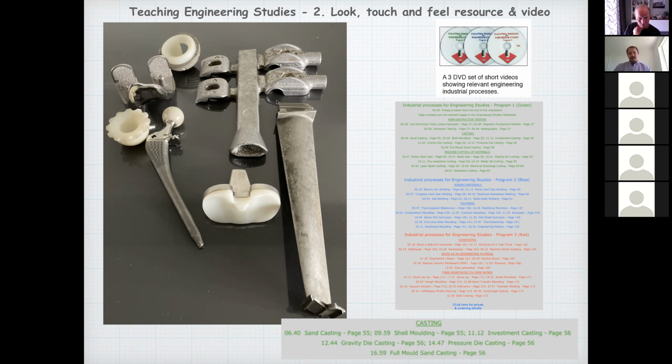And this here is a demonstration of a tree. This is aluminium, and I deliberately show them this because you can see that it's got the sand texture on the outside, whereas this here has got the texture of a permanent, very expensive metal mold.